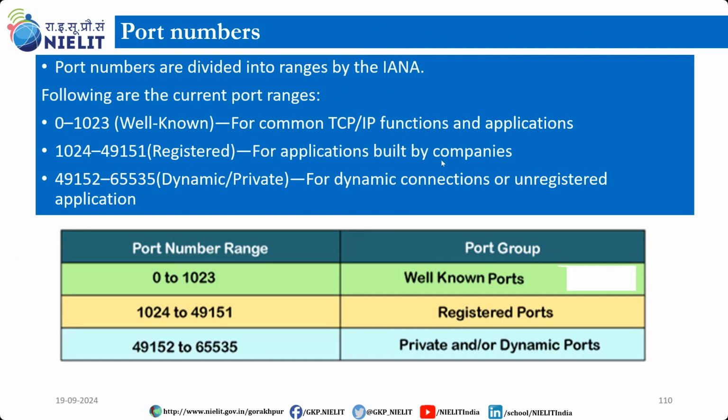If a company wants to register a port for their application, they have to apply to IANA saying we have some software and we want to allocate a specific port for this application. So the vendors need to apply for the particular port number with IANA. Then IANA will register this port number for a specific application. So the port numbers in this series are known as registered ports for a particular application.